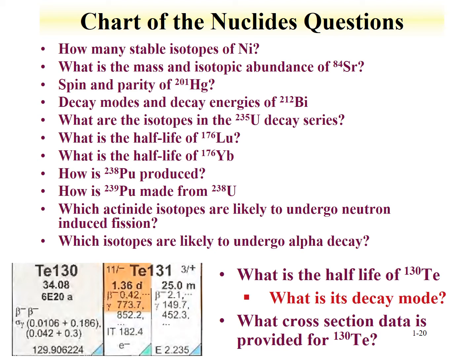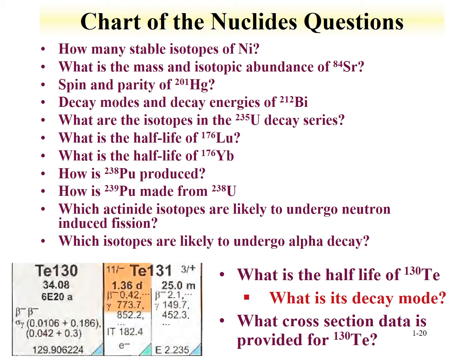So as an example, what is the half-life of tellurium-130? If I look at this, let's see, it's gray. That usually means it's stable, but it's actually extremely long-lived. It's 6 times 10 to the 20th years. And what cross-section data is provided for tellurium-130? Well, I've got this thermal and resonance, making both the metastable and ground state.